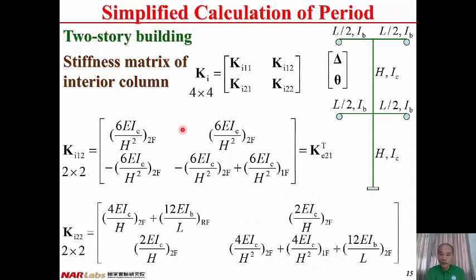So that we can construct KI12 and KI22, and these 2 submatrices with dimension 2 by 2. Please notice that KI12 is the transpose of KI21. So far we have already constructed the submatrices for the stiffness matrix of the interior column, Ki.